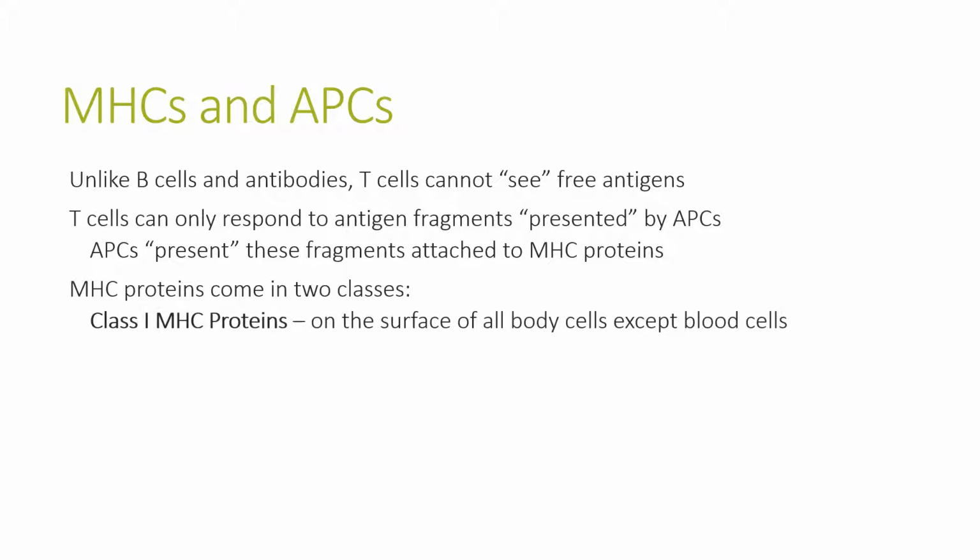The class 1 kind of MHC protein is found on the surface of all body cells except for blood cells. These class 1 MHC proteins present endogenous types of antigens, meaning antigens that are produced within the cell that's going to present them.